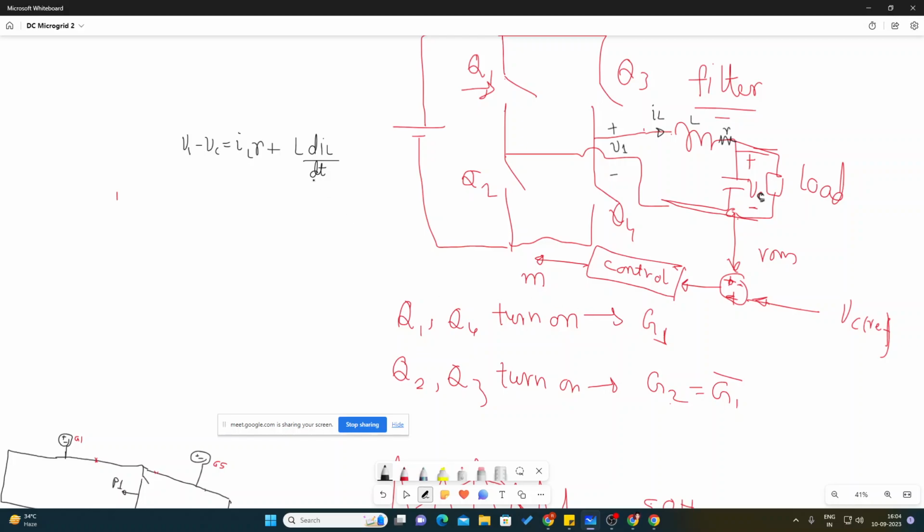So what we will be doing here is, V1 is a sinusoid, right? V1 average for 50 hertz, if we consider, can be written as Vm1 sin 2 pi ft.